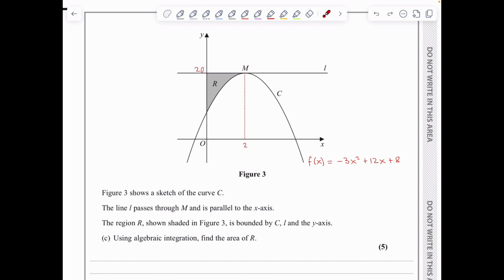So the idea is the following. I could start with the area of this rectangle which I have shaded, and then I will integrate this curve from 0 up to 2. This will give me the area below the curve and above the x-axis. So the area of the rectangle minus the area here will give me exactly the area of the region R.